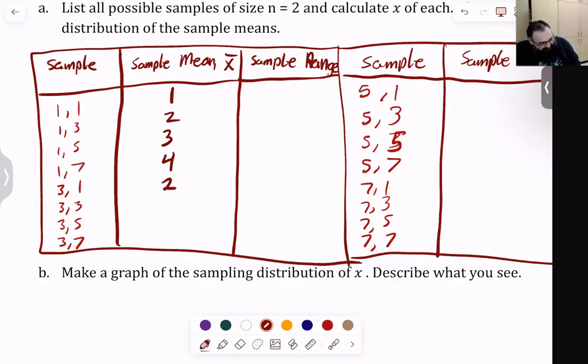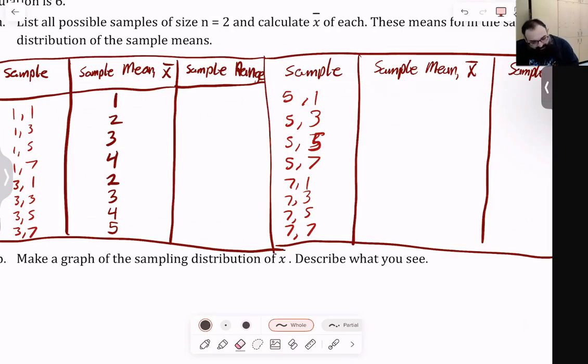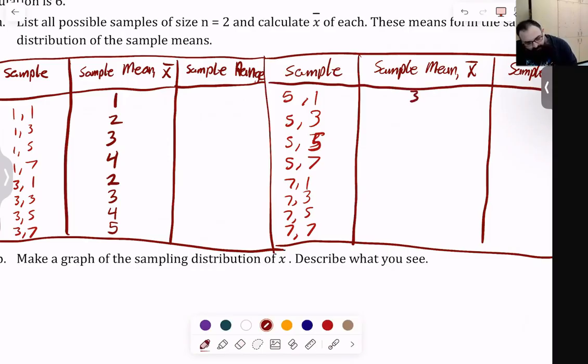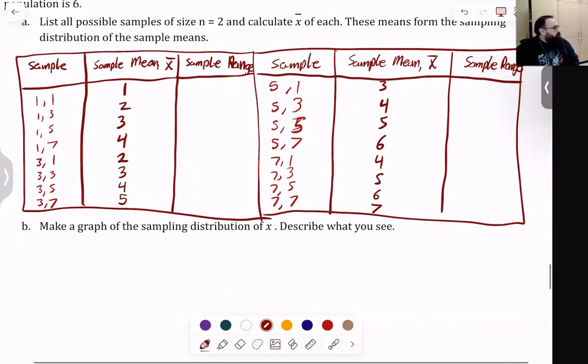Oh, guys, this is AP stats. 4 and 5, right? And how about my sample means over there? 5 and 1. 6 divided by 2 though. 3. So 3, 4, 5, 6. And then the last ones? 4, 5, 6, 7. Okay, just leave it there for now.